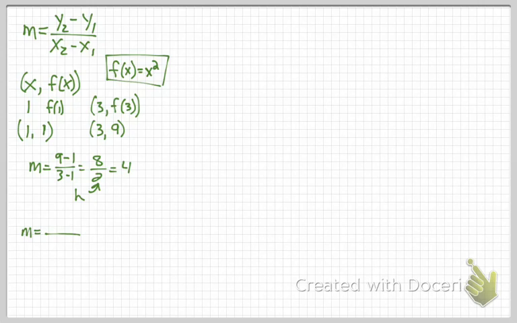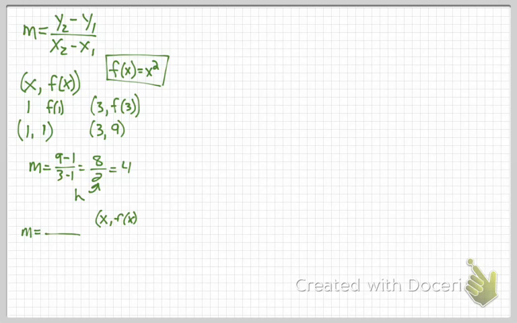We're looking at x and f of x, and then our other point is x plus h, so plus the distance that we moved, and then our second y value is f of x plus h.